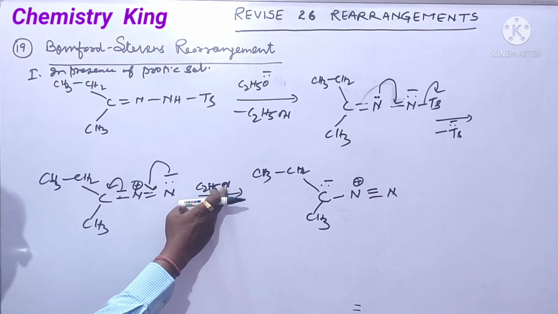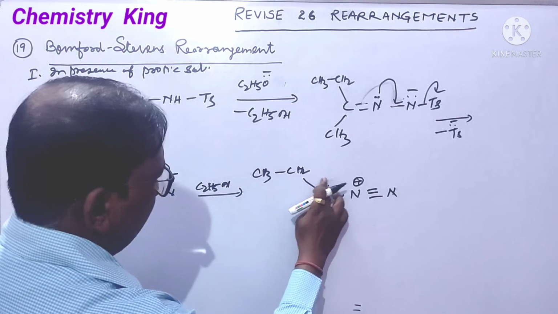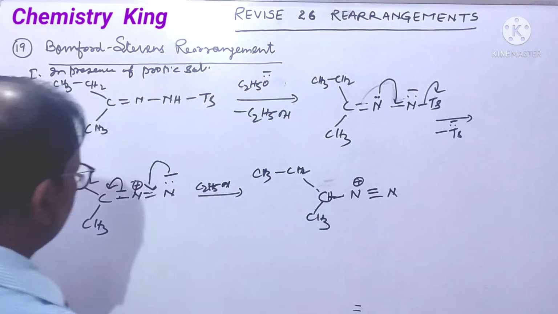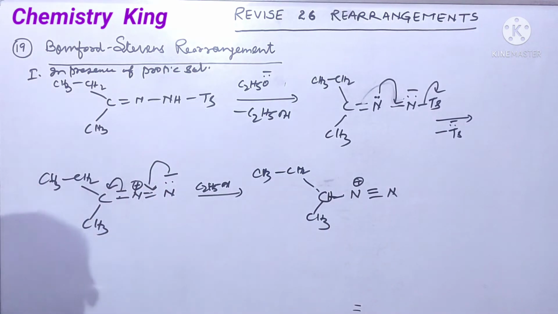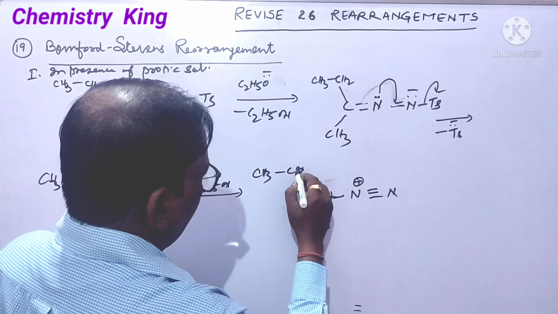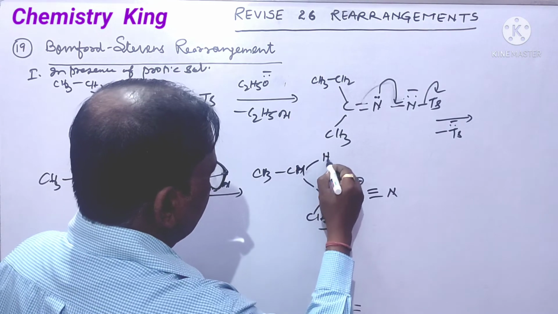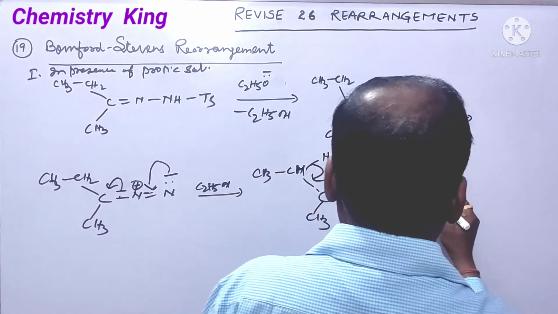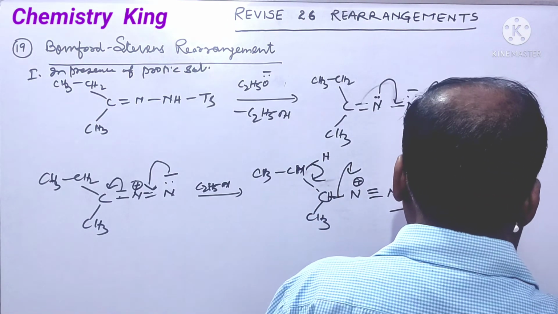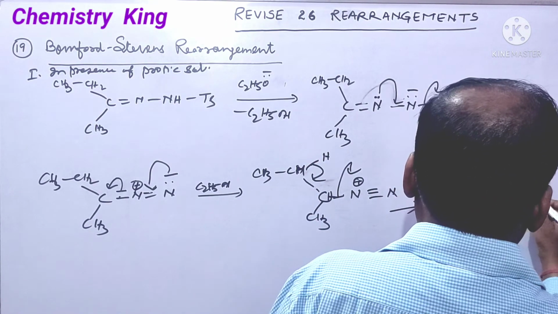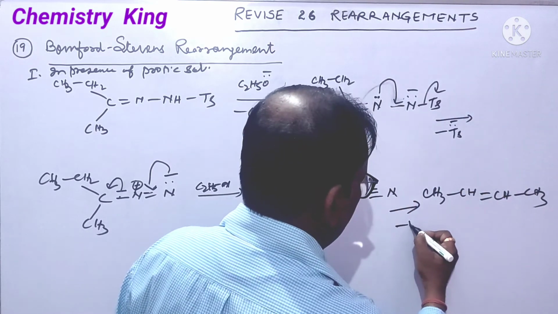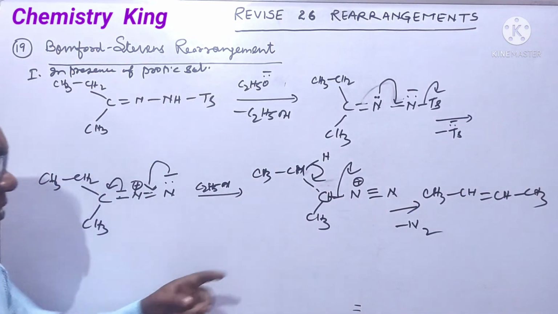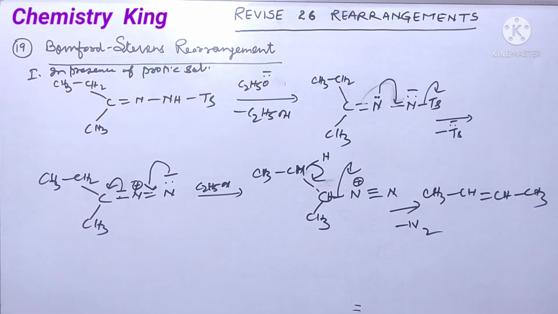And ethyl alcohol will liberate H plus, that will come here. So right here H. You will get this. Now right here this H will come here and this bond will break in this fashion and you will get more alkylated alkene with the elimination of nitrogen gas. It is the mechanism in presence of protic solvent.